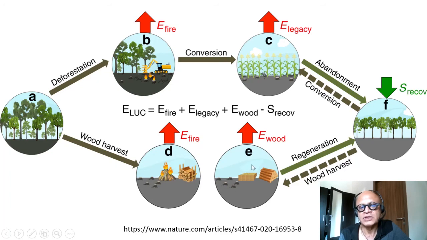There is wood that is emitting carbon by activities that use wood for other activities in human lives, so there is regeneration there as well possible. So basically total land use change emissions are counted as fire, legacy land use issues, wood harvesting, and recovery of forests.